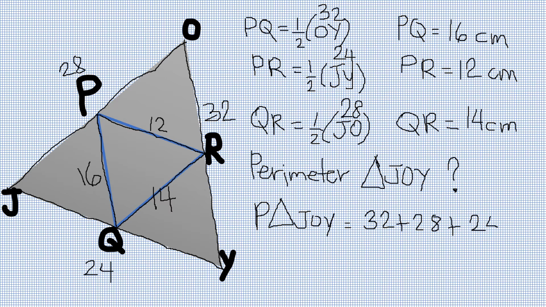Simply add, then that serves as the perimeter of triangle JOY. We have 32 plus 28, the answer is 60, plus 24, the answer is 84. So use the unit centimeter.